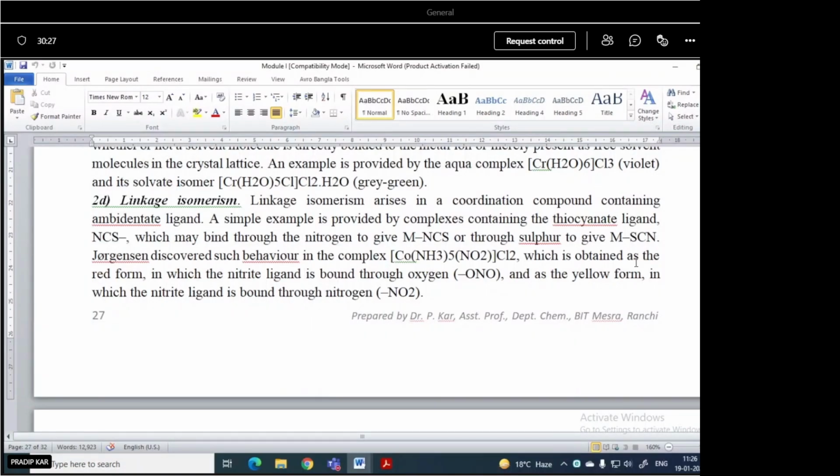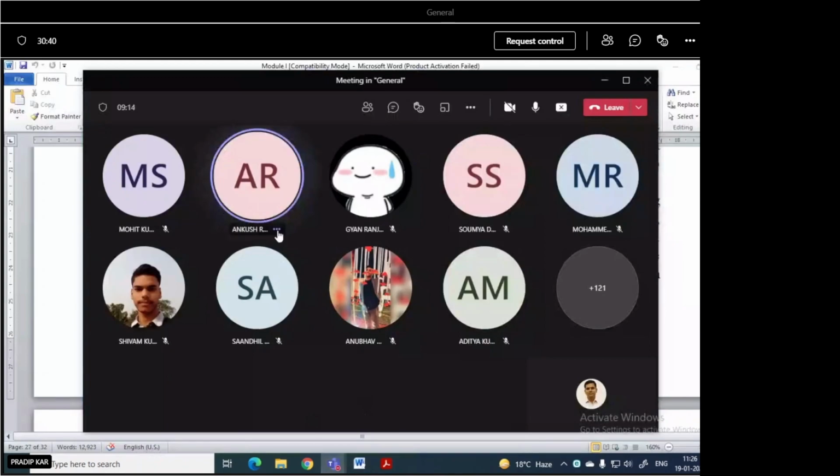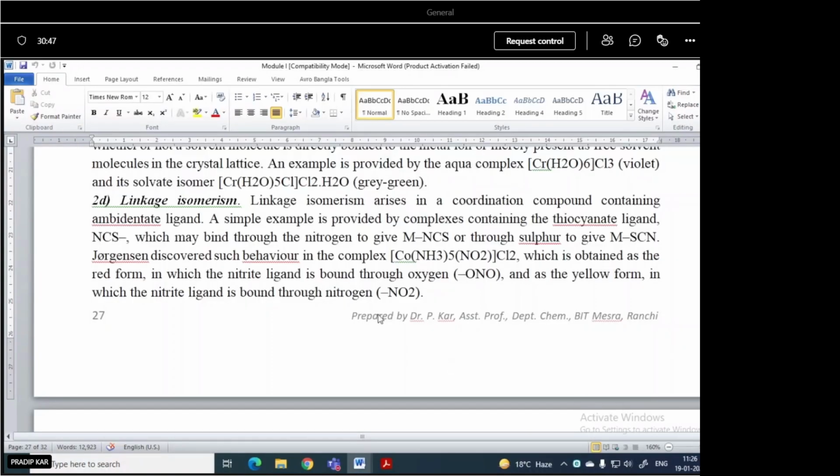Or in case of NO2, it may be ONO or NO2, meaning electrons may be shared through N or O. This linkage isomerization is possible for ambidentate ligands.